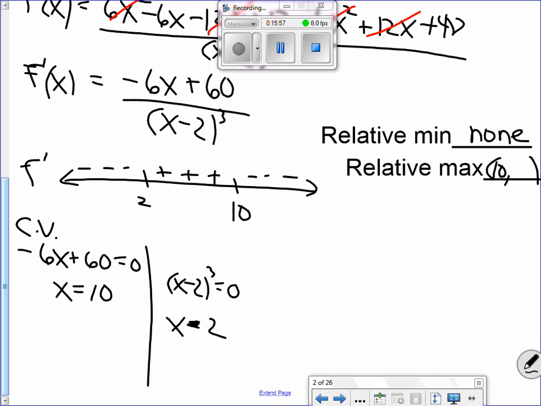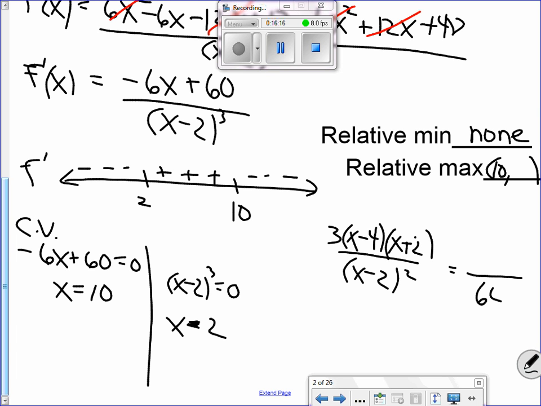I'm trying to remember what the factors were. So it was x minus 2 squared, 3 times x. So if x is 10, 3 times 6. Don't even tell me we're going to have a fraction. What is the reduced form?